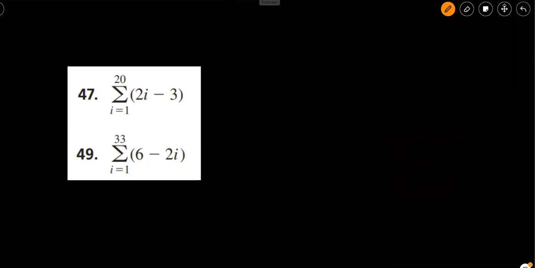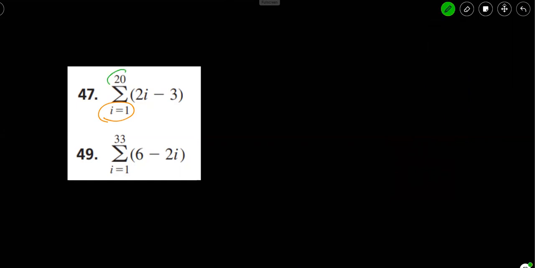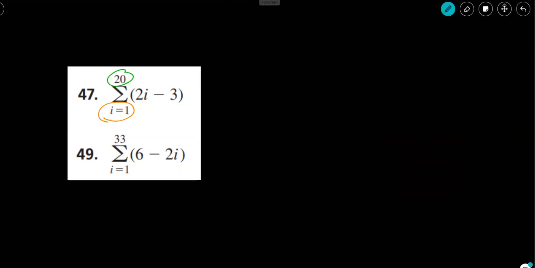So remember, there are just 3 parts of each series. The bottom defines the variable name. In this case, we're using i. The number on the bottom tells us what position we're starting with, which is 1 in this case. The top value is where we're going. We're going to the 20th value. And then the thing on the right is the most important thing. This is the rule that we're using to determine each value.